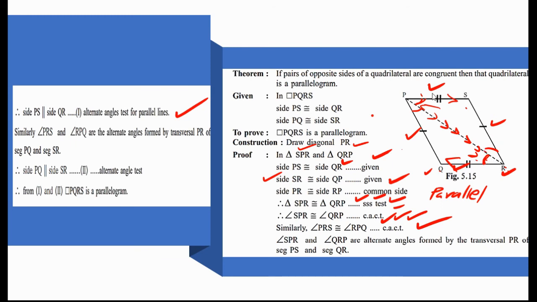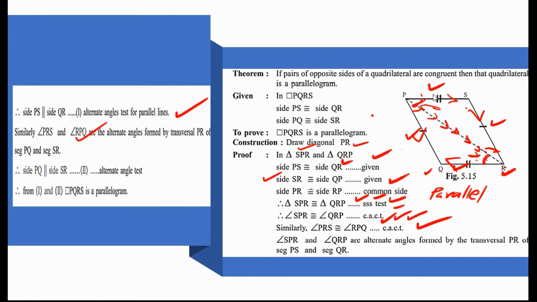Then we are having PRS, this angle, and QPR. Both are congruent. Where we will be considering this angle. Alternate, first we consider the other angles, alternate angles congruent. When alternate angles are congruent, we can declare that PQ is also parallel to SR. PQ parallel to SR congruent हो गया.